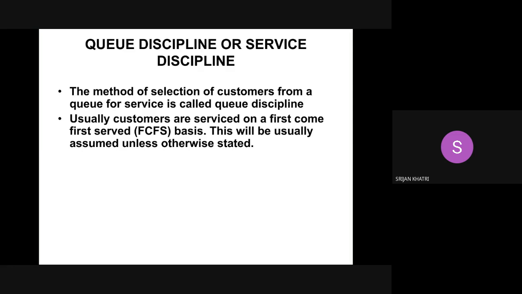Usually the customers are serviced on the basis of first come first serve, the very well known discipline FCFS. This is usually assumed unless otherwise stated. If in the given problem we are not stating, then you have to assume it is the default queue discipline. Otherwise we will specify which queue discipline to use. If it is not mentioned, then you have to use FCFS.